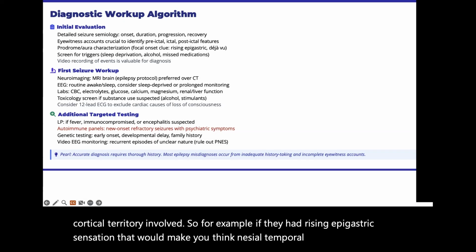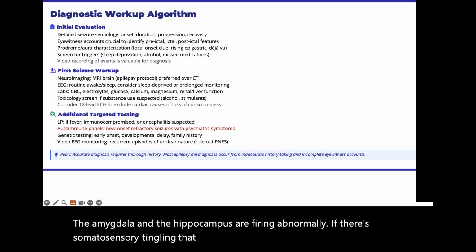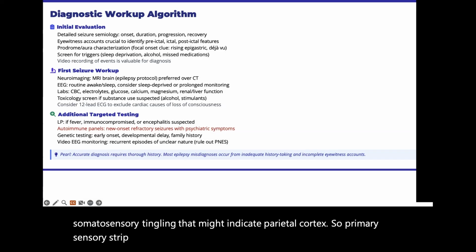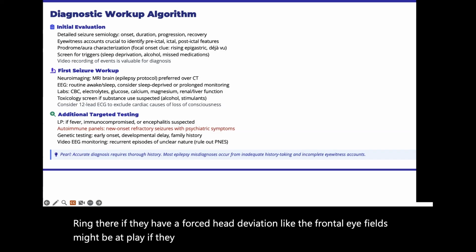The amygdala and the hippocampus are firing abnormally. If there's somatosensory tingling, that might indicate parietal cortex, so the primary sensory strip is what's misfiring there. If they have a forced head deviation, the frontal eye fields might be at play. If they have automatisms or staring, that may indicate temporal lobe.